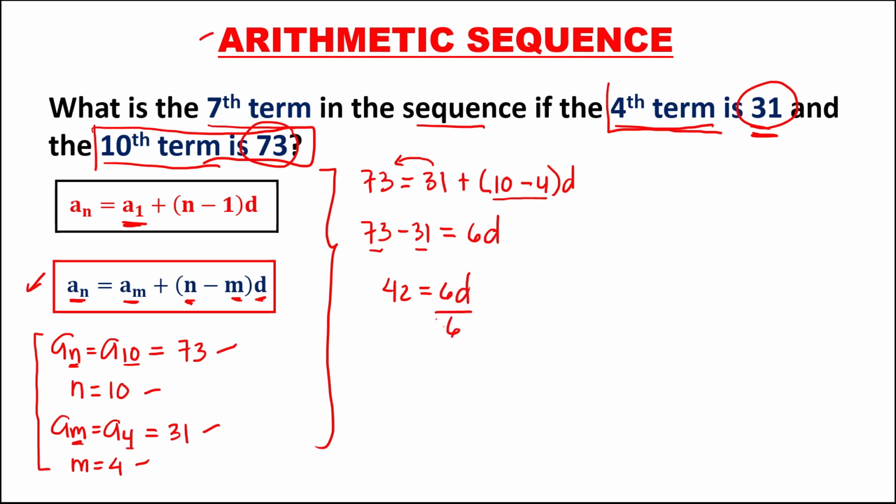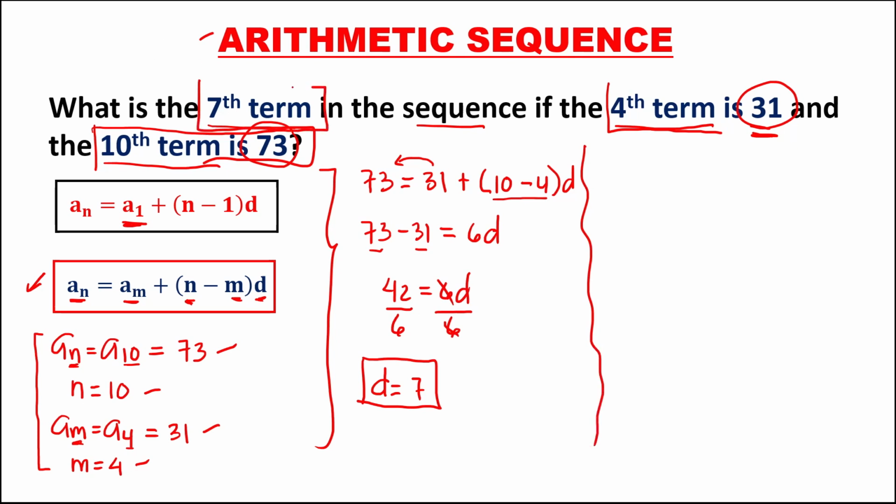Then to solve for this, divide both sides by 6. So the common difference is equal to positive 7. So since we have now the common difference, we can find now the seventh term in the sequence. So from the fourth term, a sub 4 is equal to 31.